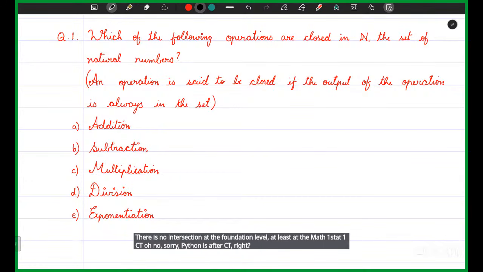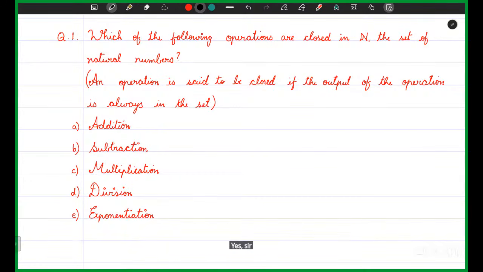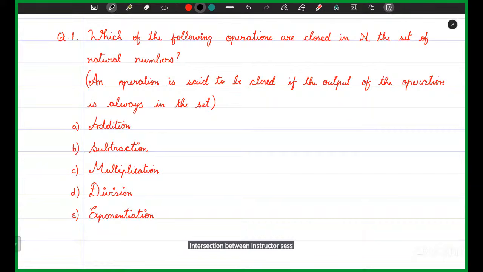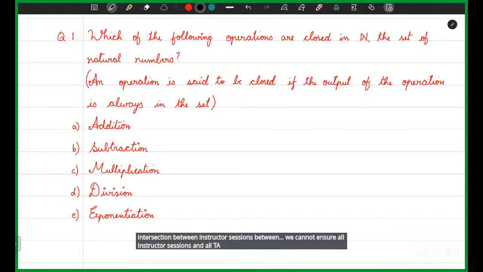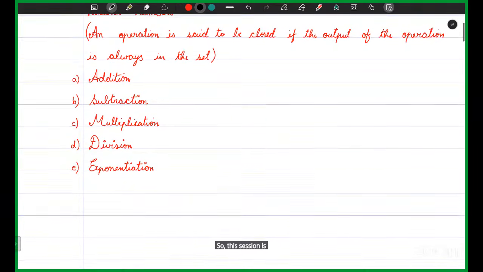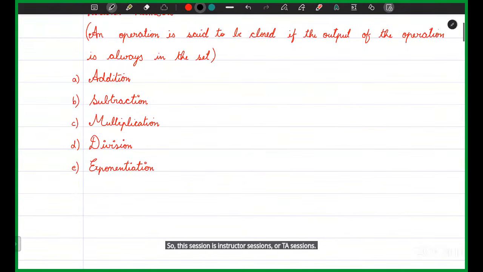Yes, sir. But still, we make sure that there is no intersection between instructor sessions. We cannot ensure all instructor sessions and all TA sessions are disjoint. That is why recordings are provided in case you miss any of the sessions. In every course, you get the recordings. Is this session an instructor session or a TA session? This is an instructor session.